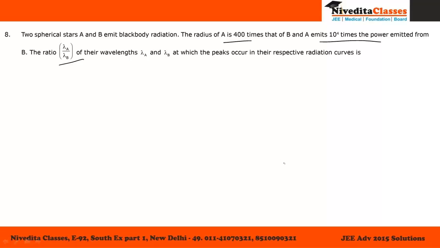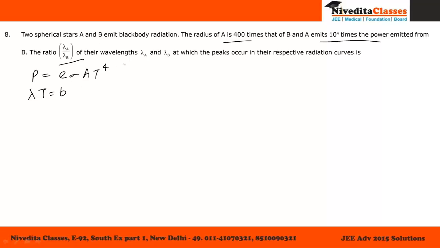As we know, the energy emitted per unit time, or the power emitted by a black body radiation star, can be written as P equals e sigma A T raised to power 4, and we also know that for black body radiation we have lambda into T as constant, which is b, and all the symbols which I have used here have their usual meaning.